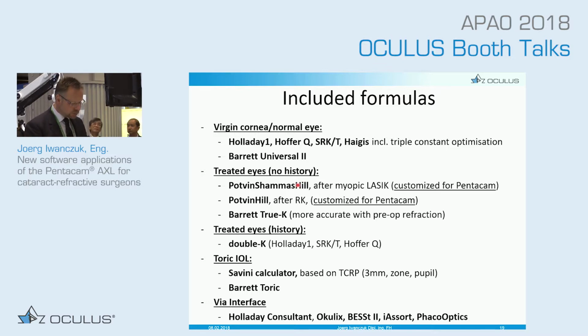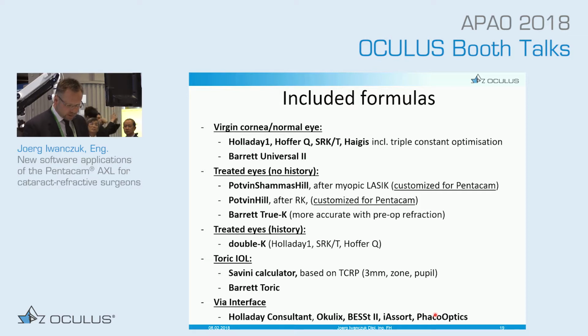And you also have the Barrett TrueK. If you have the refraction prior to surgery, you get a more accurate calculation. If you have keratometry prior to surgery, you can use a double K. We have toric calculators, our own one based on TCRP, the Barrett toric calculator, and via interface we have many other software programs connected.